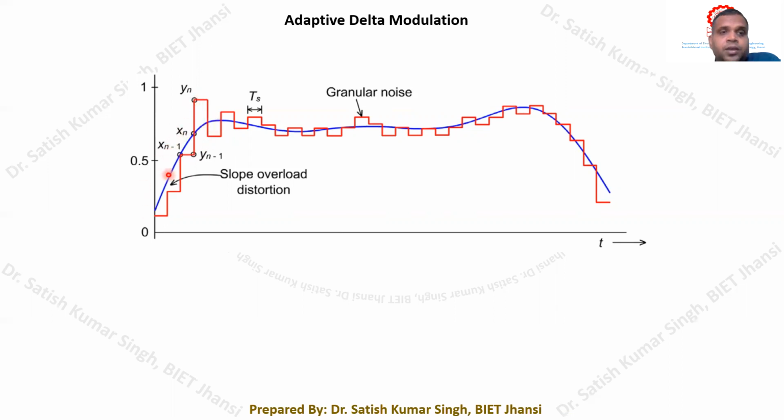Similarly, wherever the variation in the message signal is small, to track these small variations properly, the step size is reduced. This way, in adaptive delta modulation, we have a block that controls the size of the steps we use, based on the slope of the message signal.